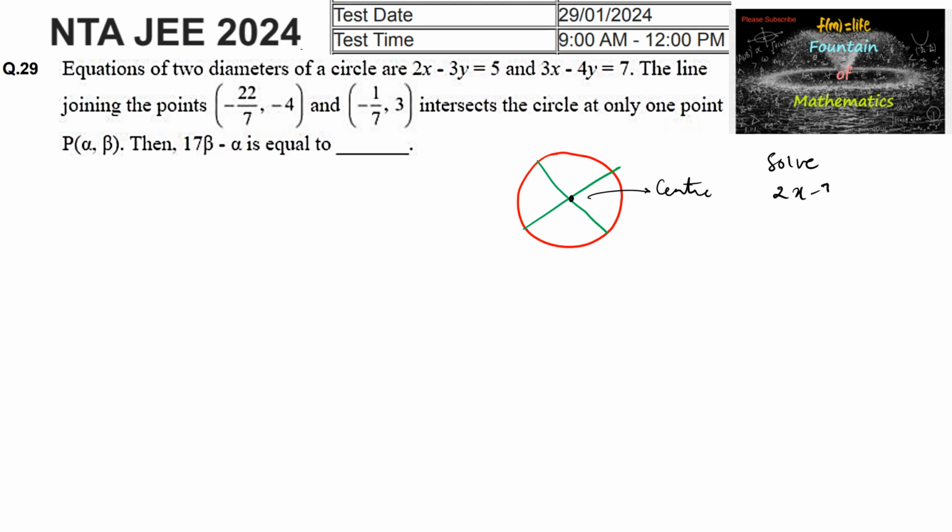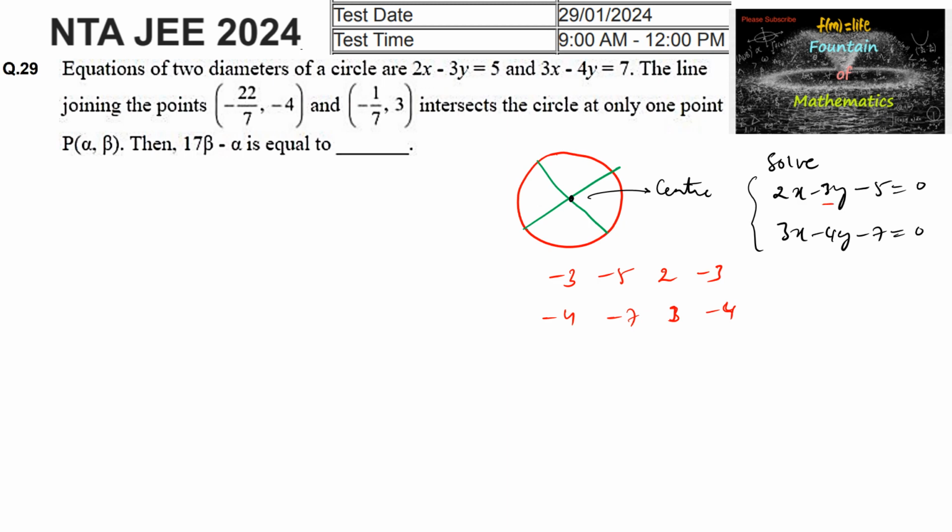2x − 3y − 5 = 0 and 3x − 4y − 7 = 0 to get the center. So let me solve. Minus 3, minus 5, 2 and minus 3; minus 4, minus 7, 3 and minus 4. I'm using cross multiplication.